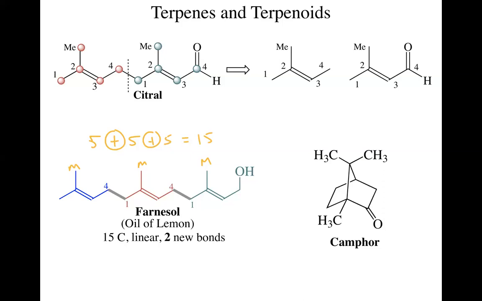And then camphor that we just did, again, just to emphasize, this is 10 carbons. So 5 plus 5 means 1 new bond for the connection. But then I have 1 ring and I have 2 rings. So 1, 2, 3 new bonds have to form. So bicyclic.